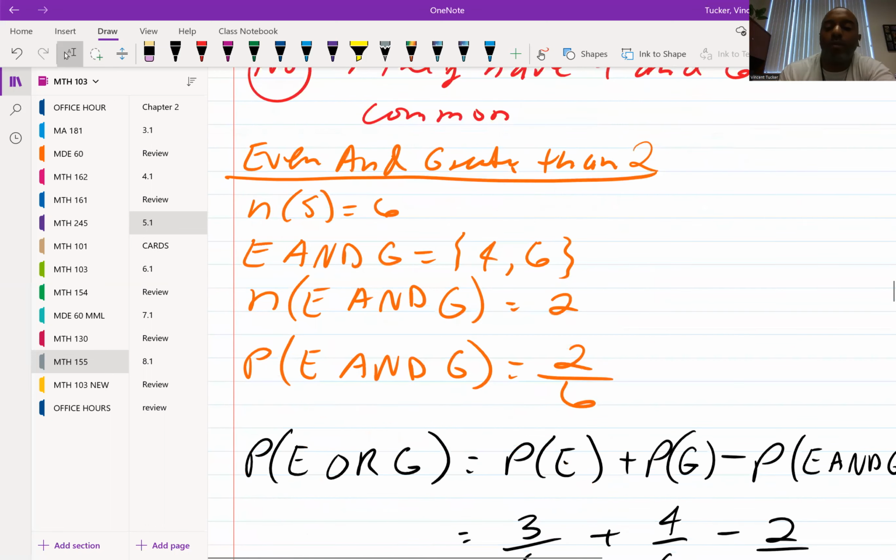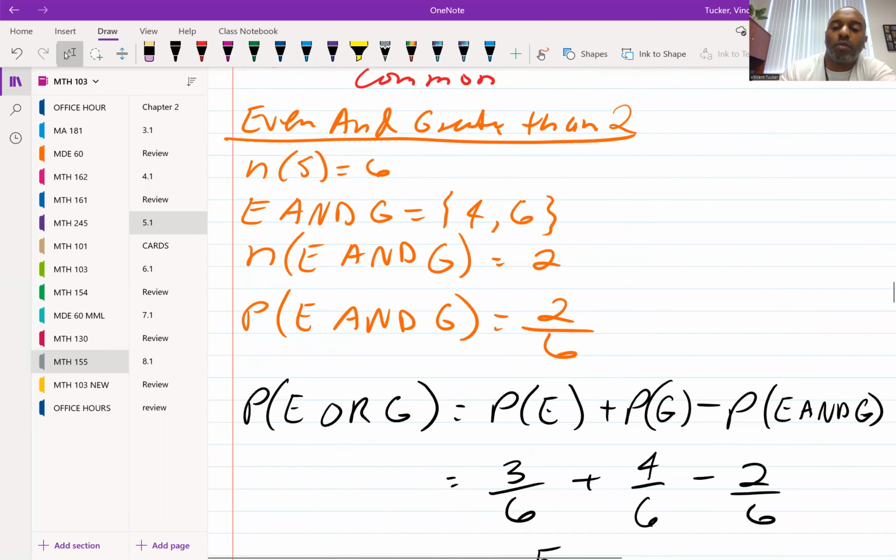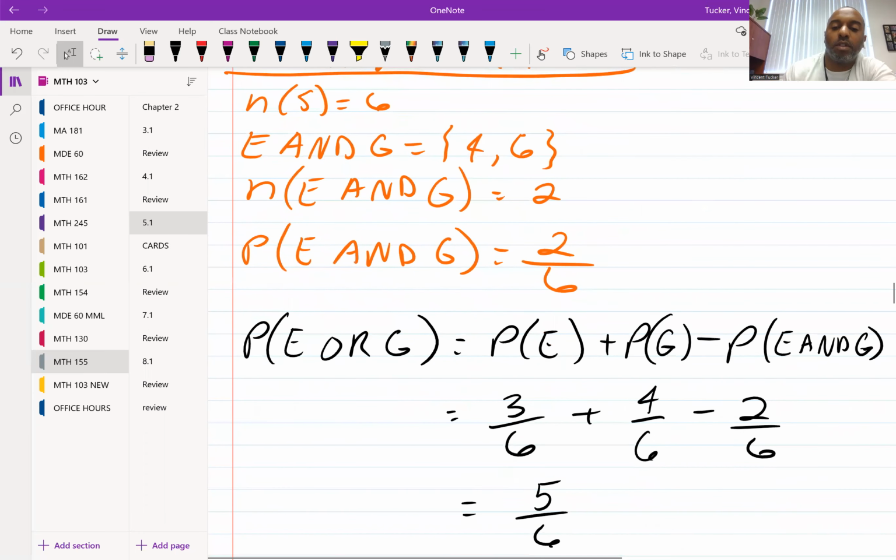All right, once you have those 3 pieces, you go ahead and throw them into the formula. Probability of E plus the probability of G minus the probability of E and G: 3/6 plus 4/6 minus 2/6.